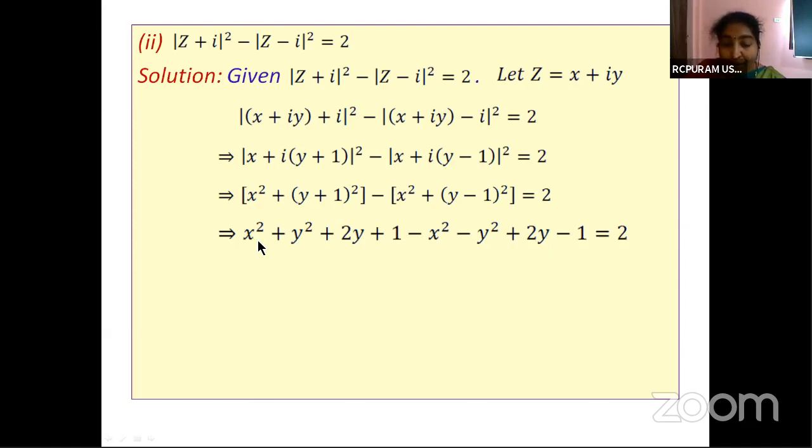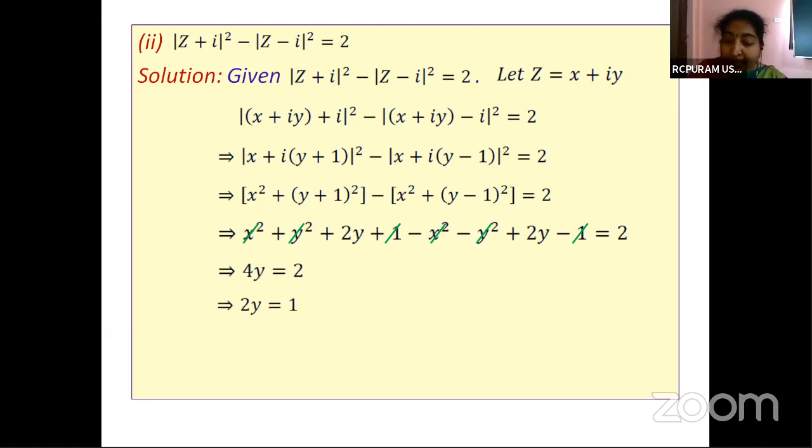Now, x square and minus x square get cancelled. Y square and minus y square get cancelled. 1 and minus 1 get cancelled. You are left with 2y plus 2y, which is nothing but 4y. So this implies 4y equal to 2, or we can say 2y is equal to 1.